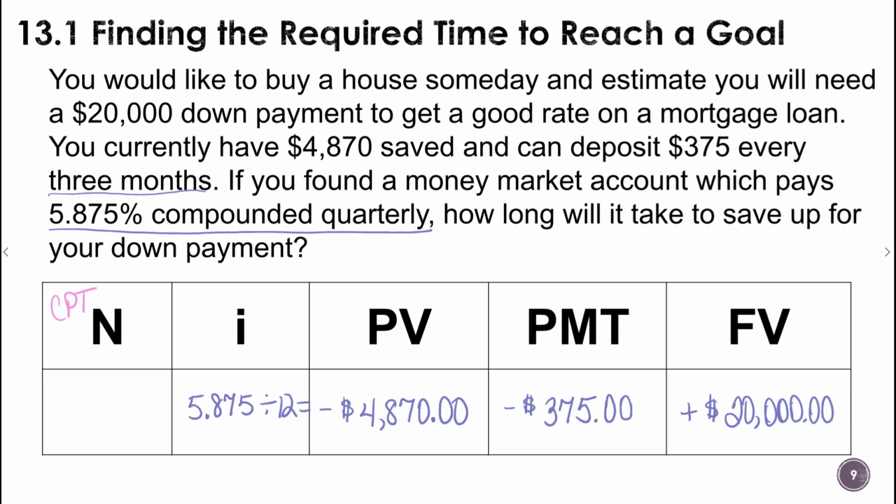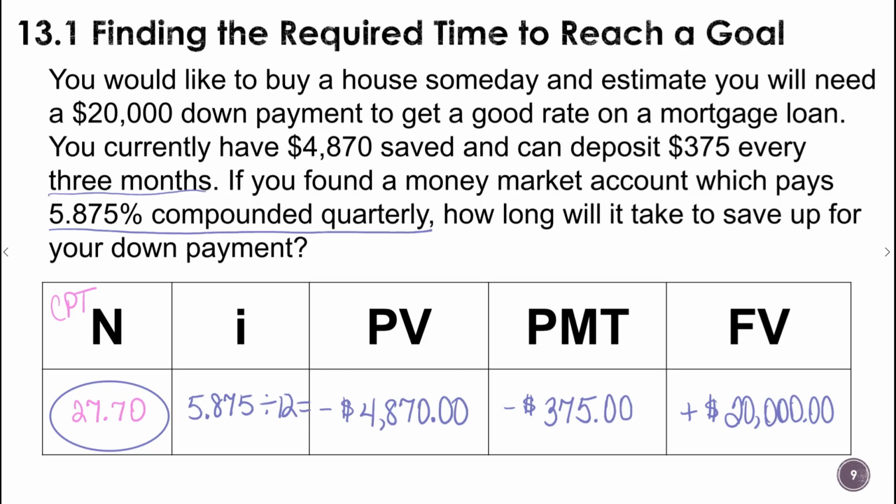This is what we're computing, right? How long will it take to save this down payment? Okay, so we are going to compute N, and once you have computed N, then you will have the number of periods. Remember, that's what you actually compute. So in this case, the number of periods is 27.70.